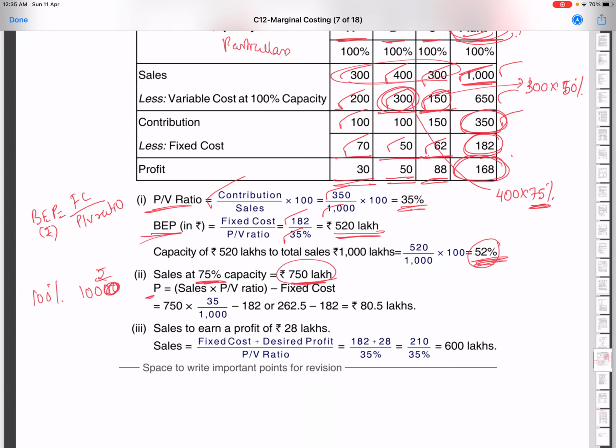So on my sales, if I apply PV ratio and then reduce fixed cost from that, I will get profit. We have just converted the table into a formula. So 750 into 35% minus 182, which is fixed cost, you will get 80.5 lakhs rupees as the profit.